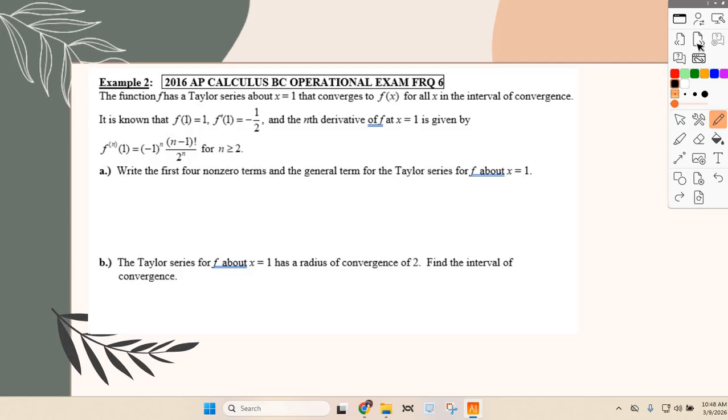So on part A, it asks us to write the first 4 non-zero terms of the general term for the Taylor series, which is technically asking us to find a Taylor polynomial with 4 terms.